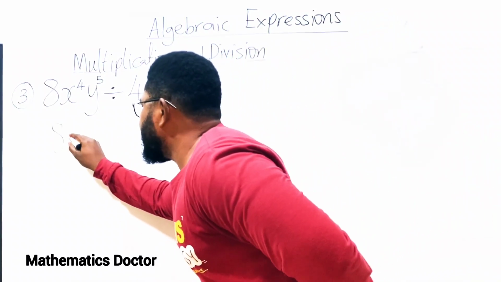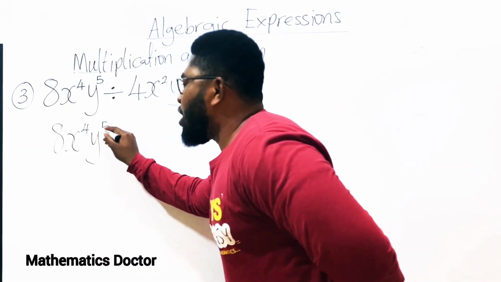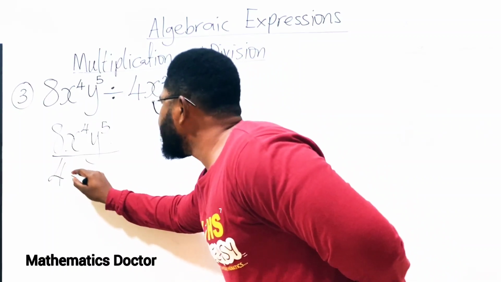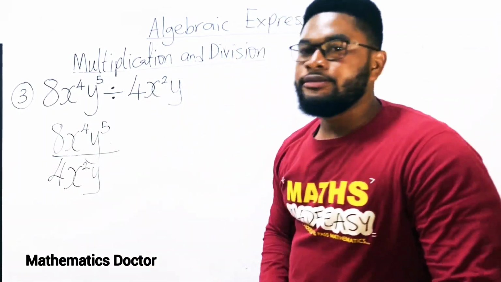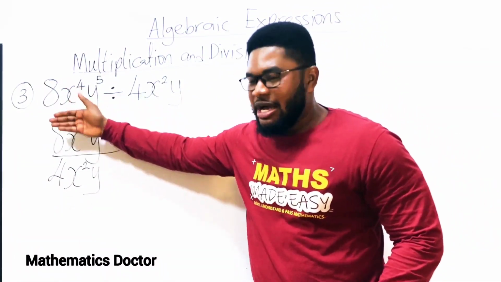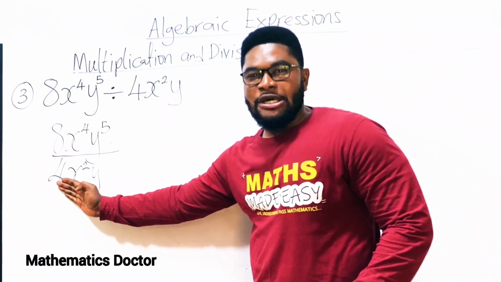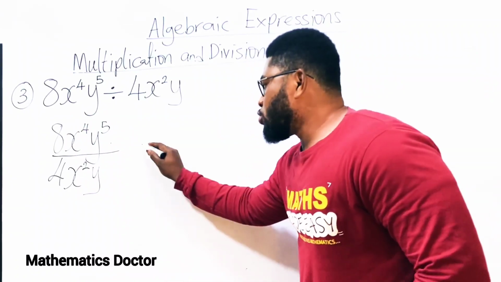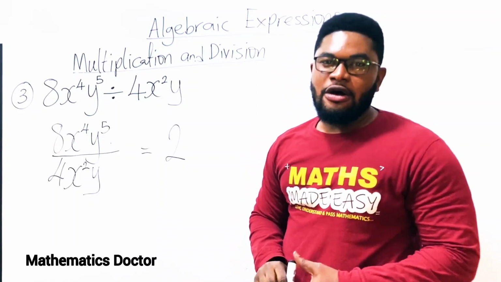So 8x raised to the power 4 y raised to the power 5 divided by 4x squared y. Now for the coefficients, we have 8 at the numerator and 4 at the denominator. 4 can go into itself 1 and into 8, 2. So for the coefficient, we would have 2 as our final answer.